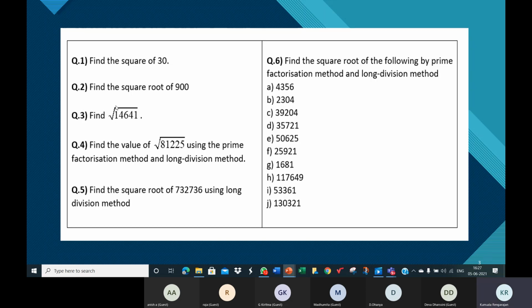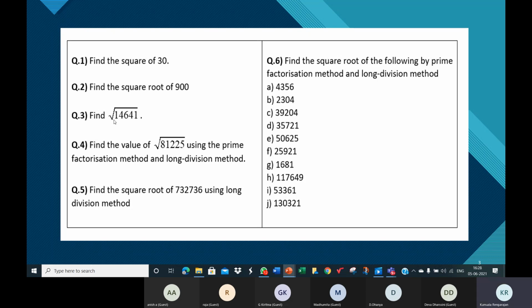This is the symbol for square root. The symbol stands for the square root of. Tell me, the symbol stands for what? The square root of. So when you see the symbol, you must say, the square root of. How do we read this question?